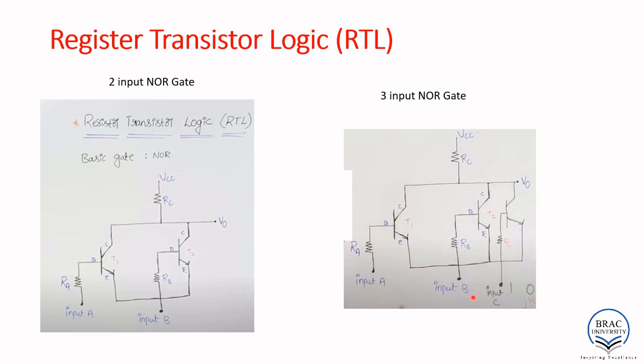So this is A, this is B, and this is C. In between V naught and ground, we need to plug in another input, meaning another transistor through that RC input resistance. So this will be our T1, this will be T2, this will be T3. If we are asked for an n input NOR gate, we need to plug in an input in a similar way.